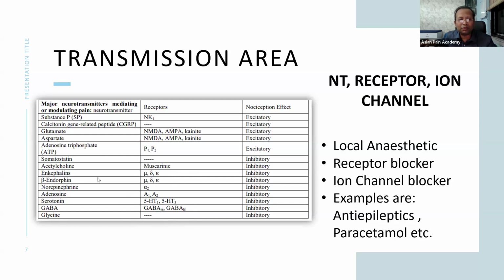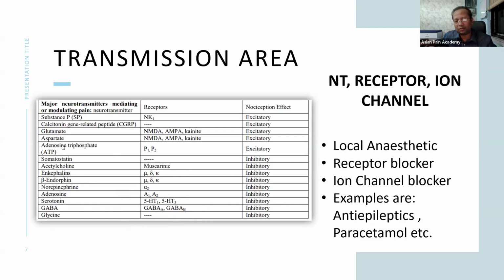It can be the opioid receptor if it is an enkephalin or beta endorphin type of drug, or serotonin works on the 5-HT1 receptor or 5-HT3 receptor. GABA works on the GABA A or GABA B receptor. So these are the receptor names.